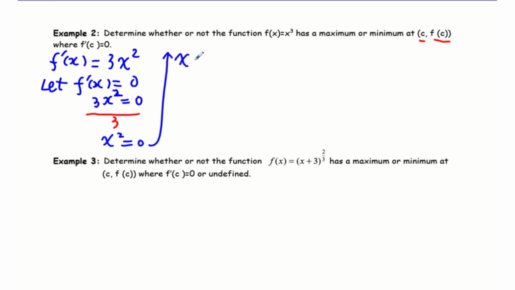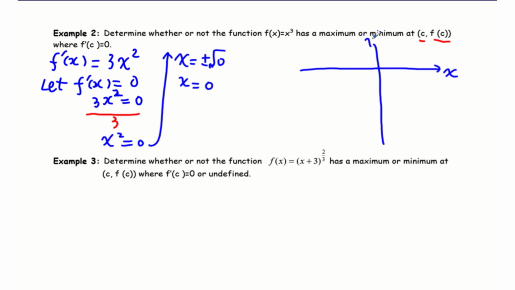So x equals square root of 0, which gives us 0, positive or negative gives only 1 value. So we have x equals 0. Then we draw the x-axis here and put the 0 here. We only have one zero, which means we divided the x-axis into 2 intervals.